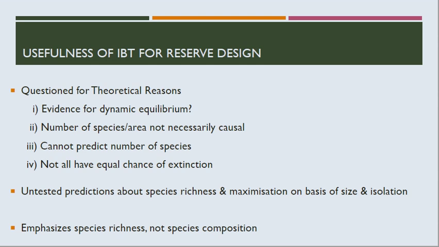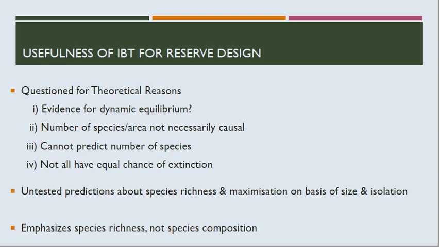Another thing to notice about IBT and other ecological processes, in particular IBT, is that it emphasizes species richness and not species composition. So when we use island biogeographical theory to choose our reserves, we will tend to choose reserves which maximize the amount of biodiversity that we can get, and not special species.